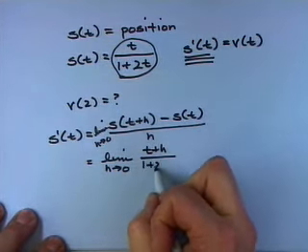So we're going back to our original position function. Everywhere we see a t, we're going to plug in a t plus h. So that's a nasty looking fraction. From that, we'll subtract the s of t.